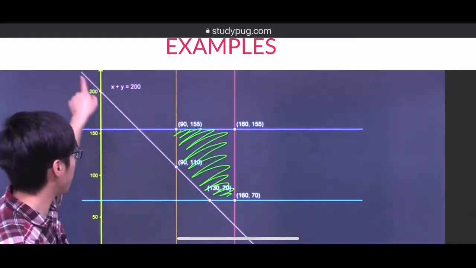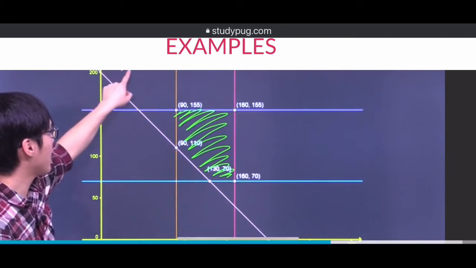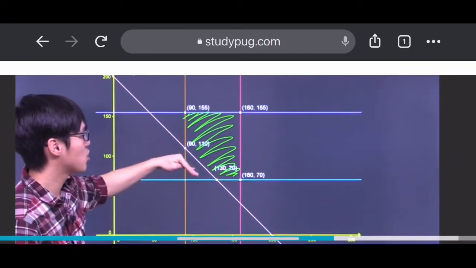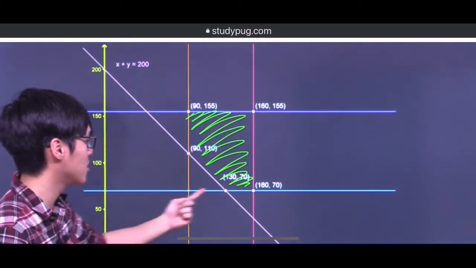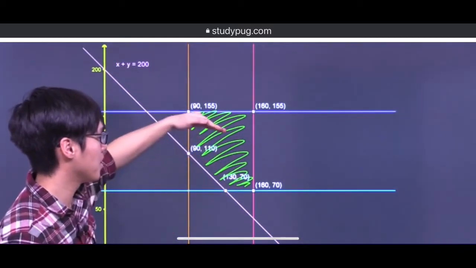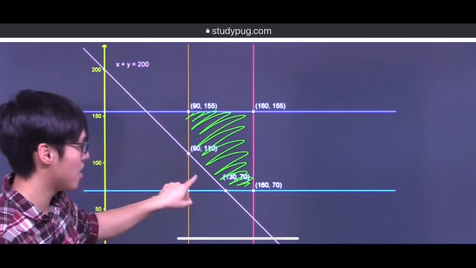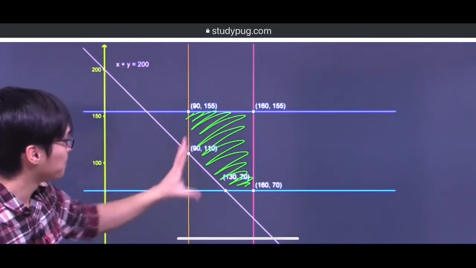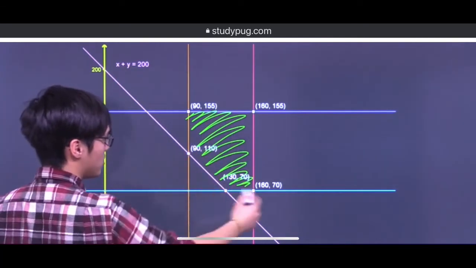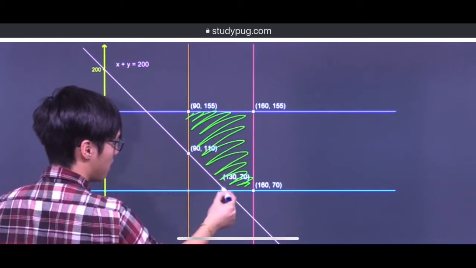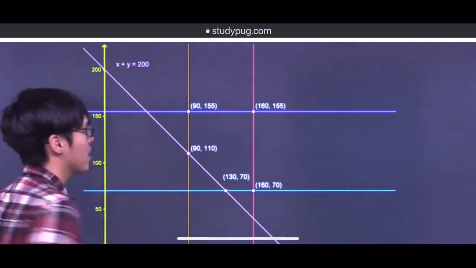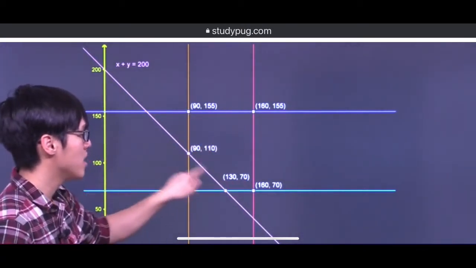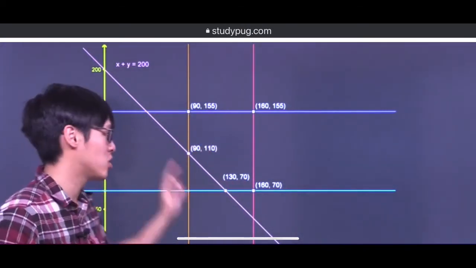The pink line is x plus y equals 200. If it's greater than 200, we're looking above, right? However, it stays inside this square, but above the pink line. So we're only looking at this part, but not this. In this region, we have 1, 2, 3, 4, 5 corners, and the graphing calculator can already tell you the coordinates for each corner.